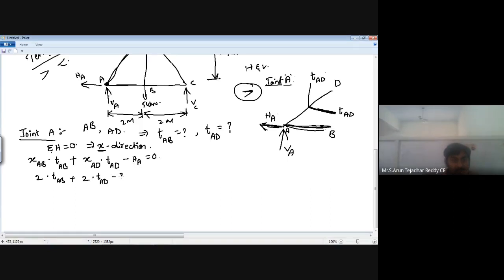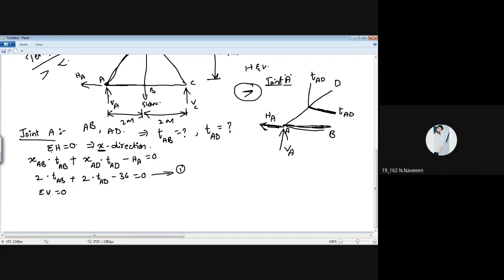HA value is 36 kilonewton, is equal to 0. So that gives one equation. Here TAB unknown, TAD also unknown. Next apply another equilibrium equation, summation of vertical force. Minus of minus plus 36.